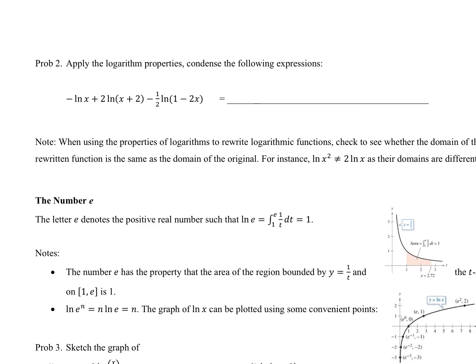In this example, we want to condense this expression into one single log expression. So from previous experience, we know that when this is negative, this term will be in the denominator, right? And when this is positive, we know this will be in the numerator.